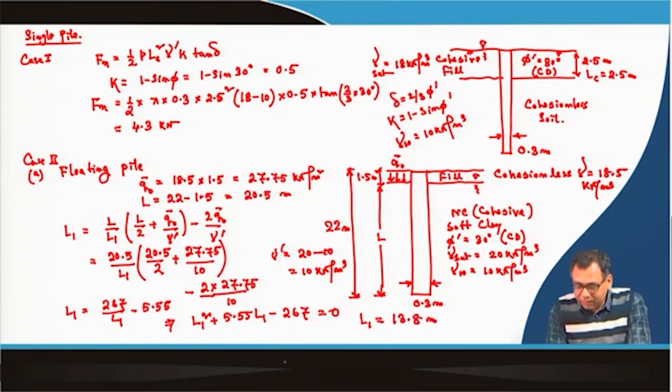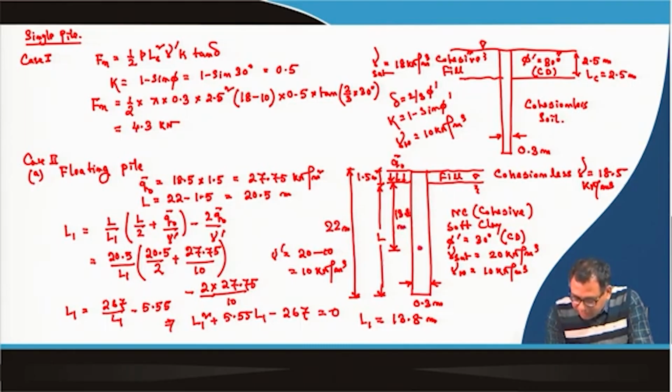Okay. So, L1 value is 13.8 meter, say this is 20. So, 13.8 will be somewhere here. This will be 13.8 meter, and so the neutral point will be here. So, this will be the neutral point, which is 13.8 meter below the fill level.